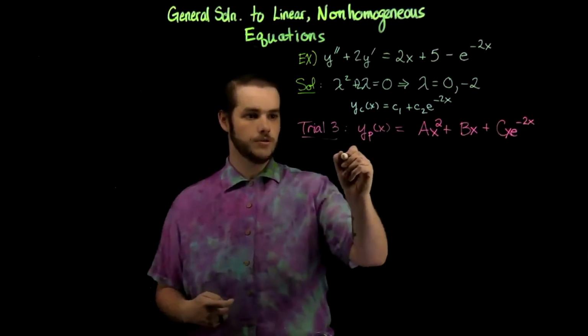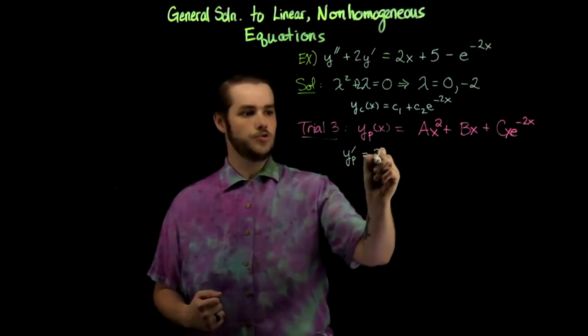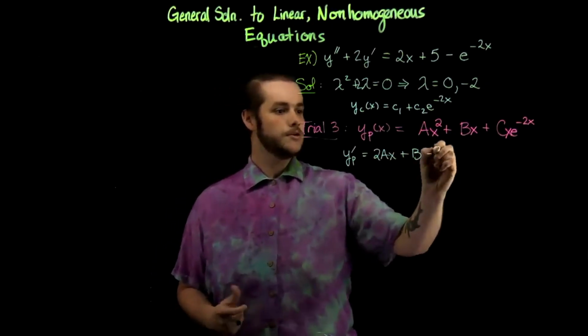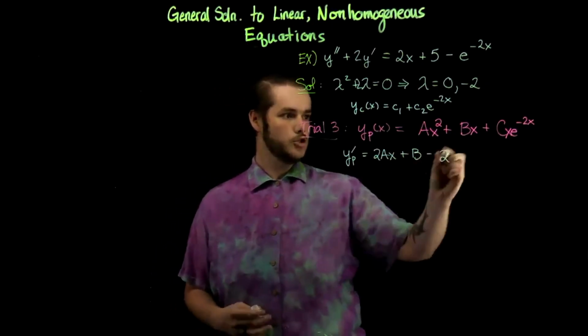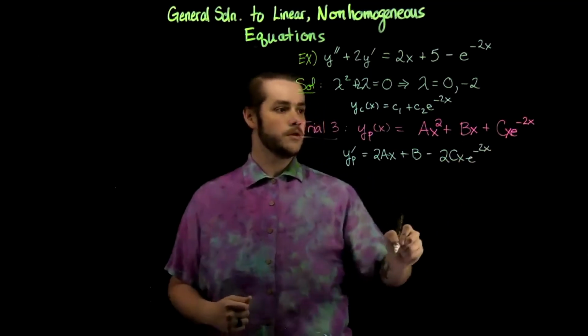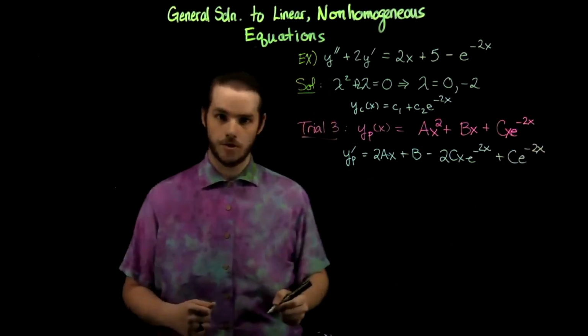I need to compute the derivatives. Yp prime is 2ax plus b minus 2cx e to the negative 2x plus c e to the negative 2x by the product rule.